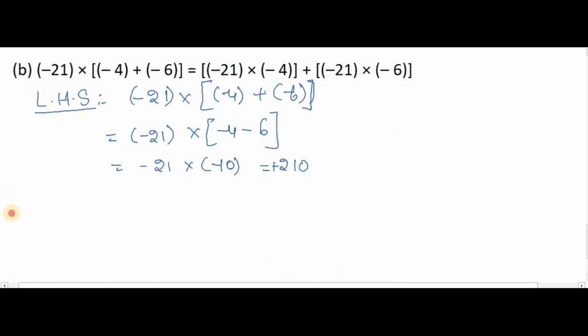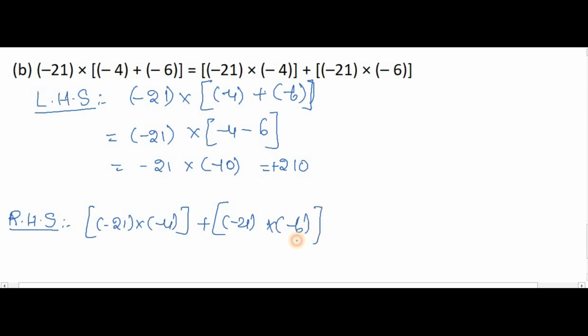Now moving on to the RHS. Minus 21 into minus 4 plus minus 21 into minus 6. So first we are going to solve one bracket.